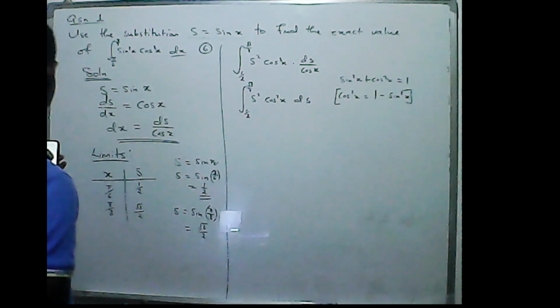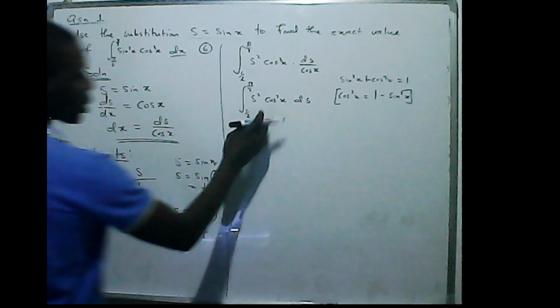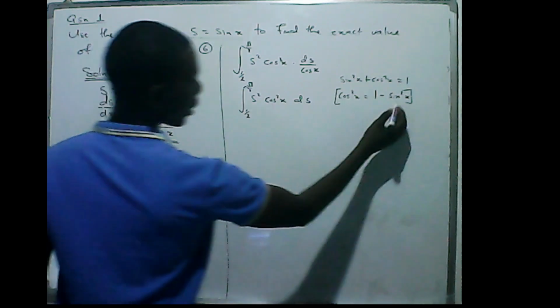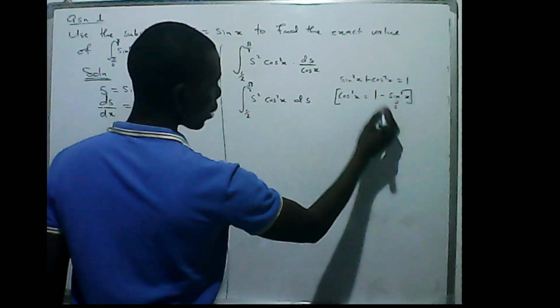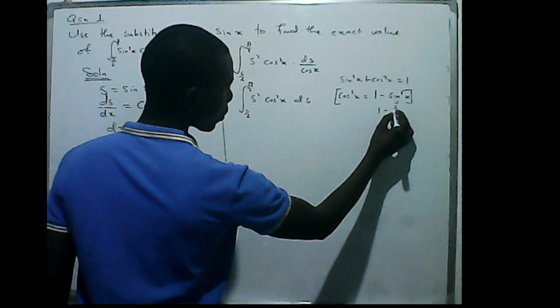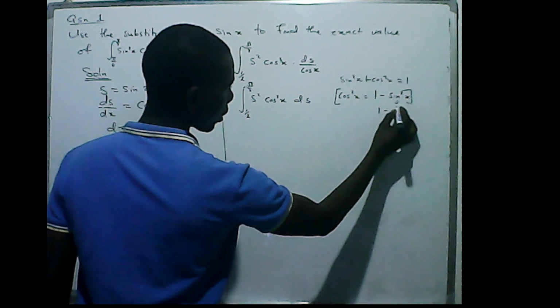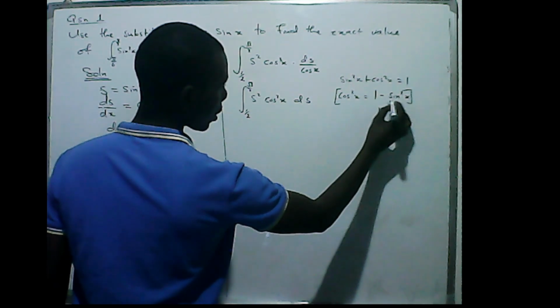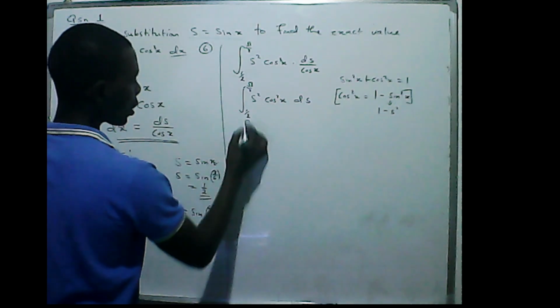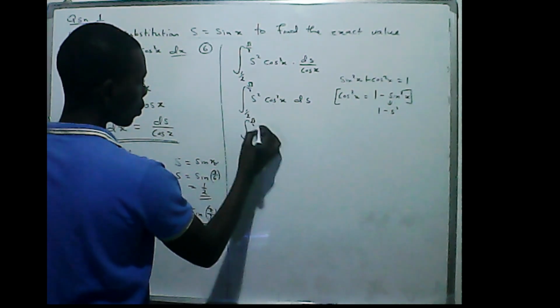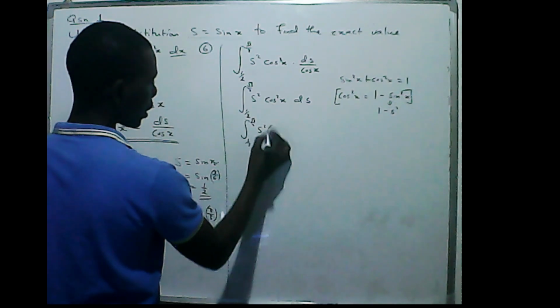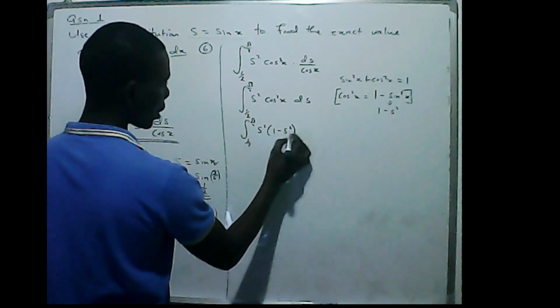Our sine is s, so that will be 1 minus s squared. So we have the integral from half to root 3 over 2 of s squared times 1 minus s squared ds.